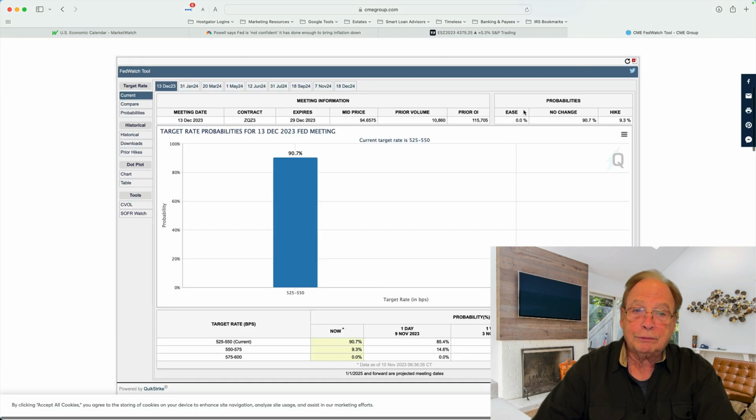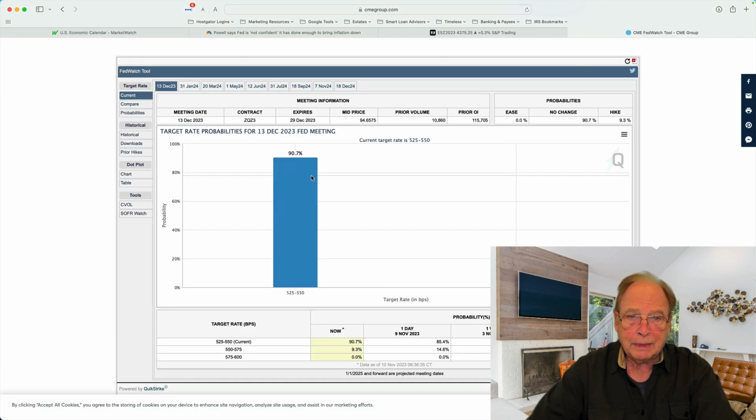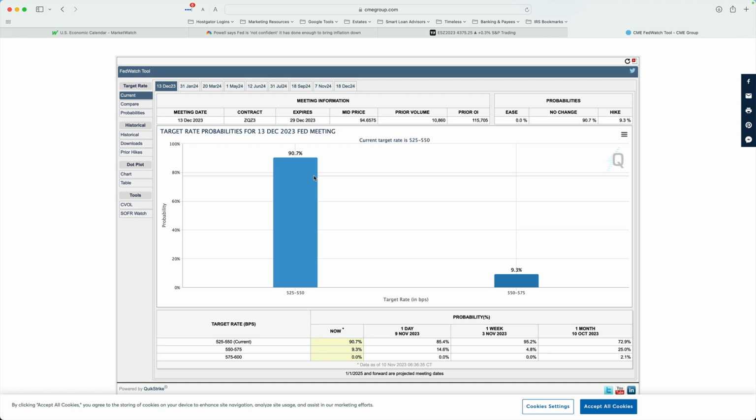As a result, the CME tool, which is a projection or an estimation of what interest rates are going to be according to upcoming Federal Reserve actions, changed. Right now the target rate is 525 to 550, and the next meeting is December 13th.